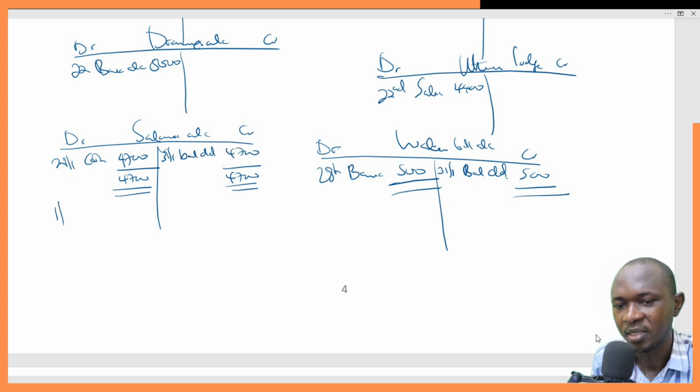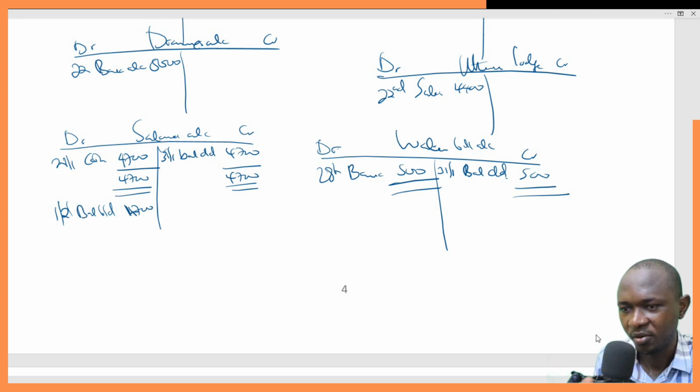So this is closing now the books. The same thing as balance carried down 500. So you can see these ones, salaries and water bill, are the same. So in such a case, you can always come back here again and say on 1st February balance brought down will be 500 shillings. So these are 2 different ways of closing it.